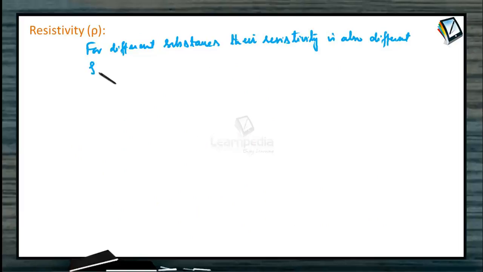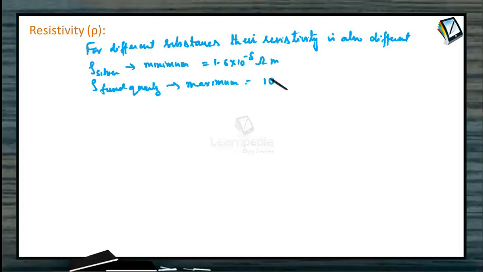Resistivity of silver is minimum and is equal to 1.6 times 10 to the power minus 8 ohm meter. Resistivity of fused quartz is the maximum, around 10 to the power 16 ohm meter. So resistivity of an insulator, that is fused quartz, is maximum.